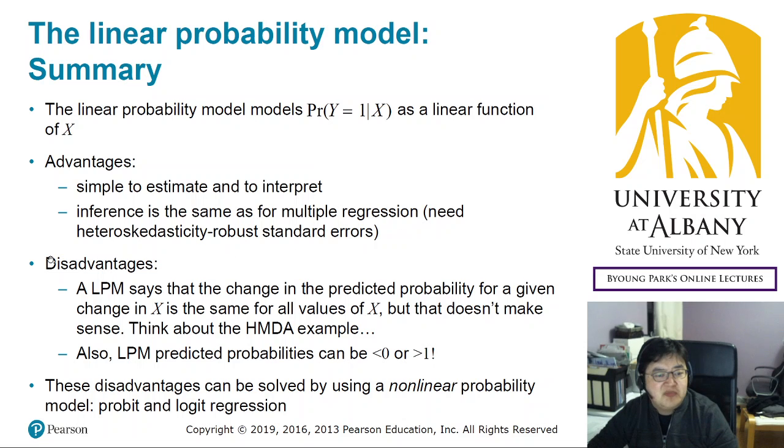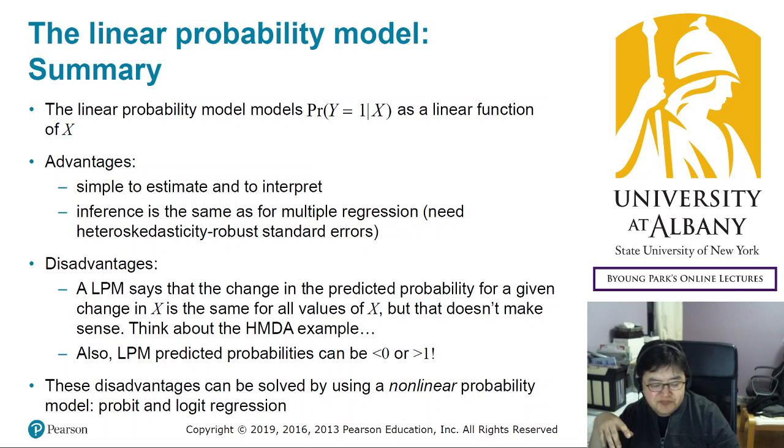However, the problem here is that it's basically linear. Previously, a linear model was good because it is easy to handle. Still, that is true, but linearity may be too restrictive, too unrealistic in handling probabilities like this.